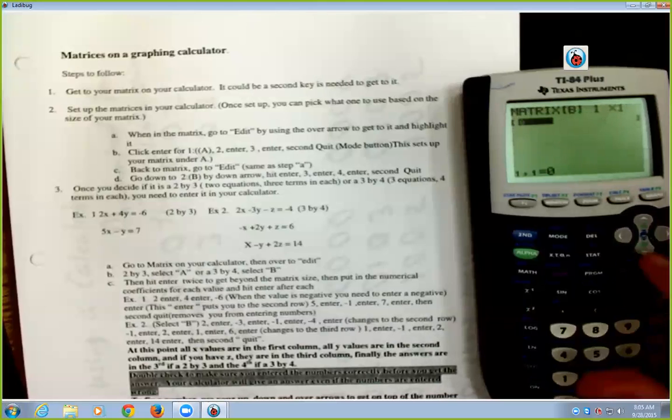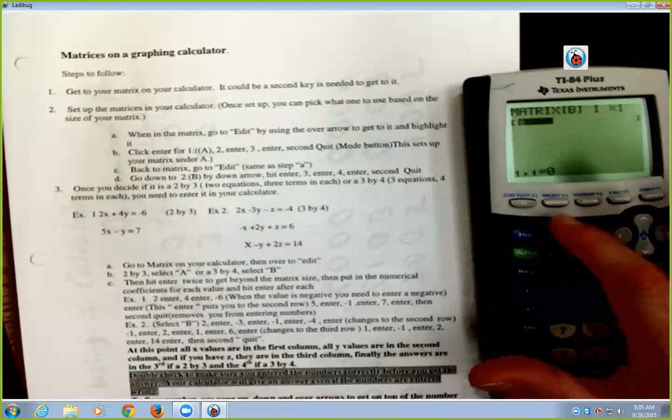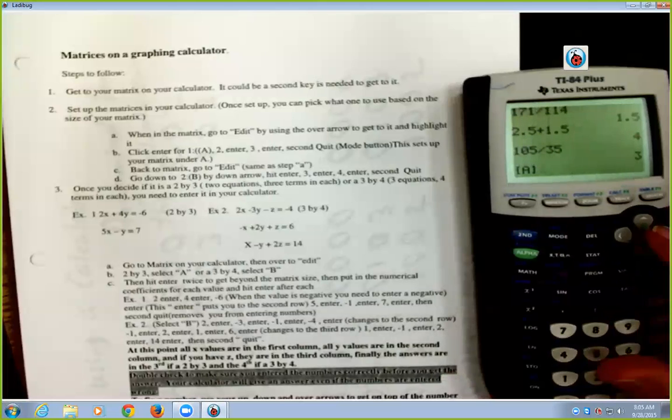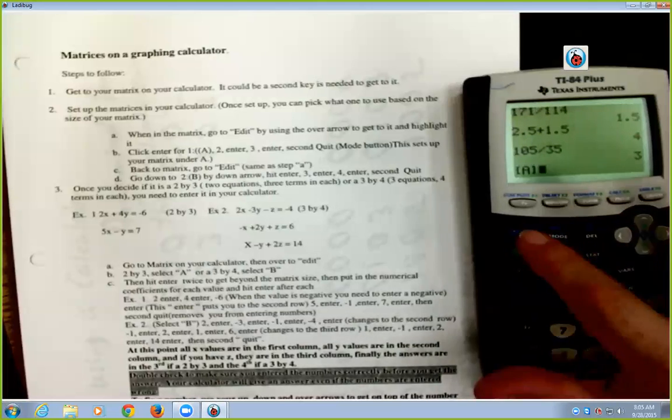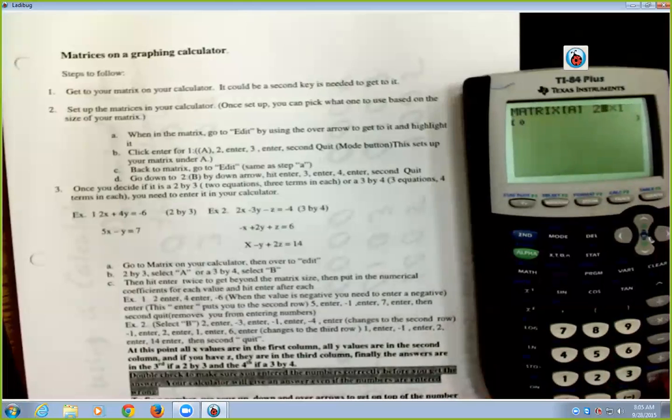Whenever you're setting stuff up for the first time, it seems to have that habit of getting me not where I want to be. So I want A. Whoops. And I hit my 2 by 3.